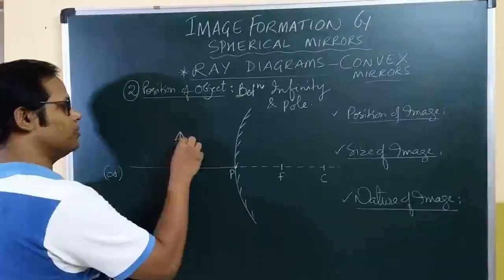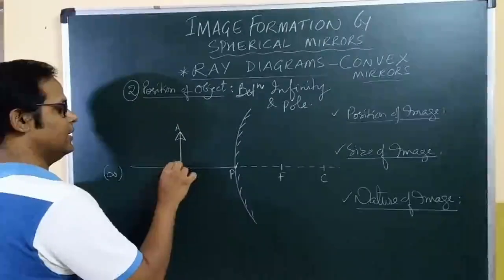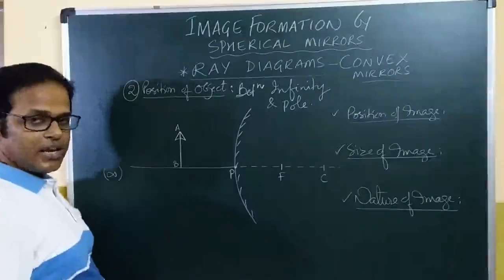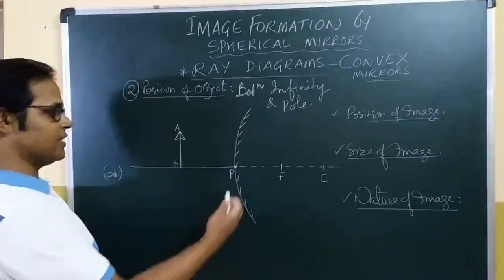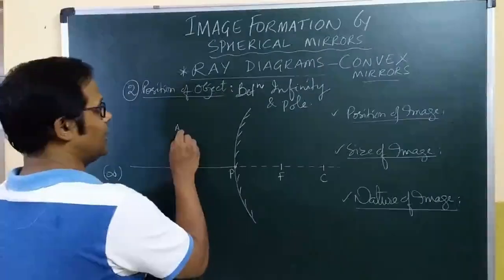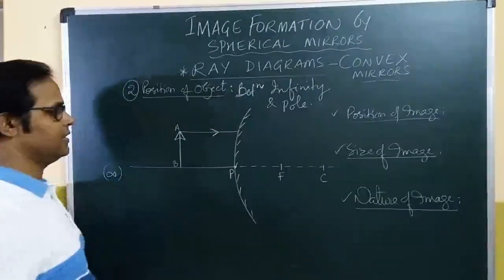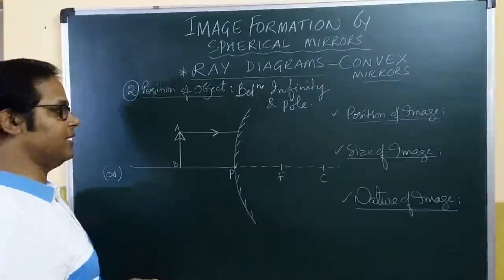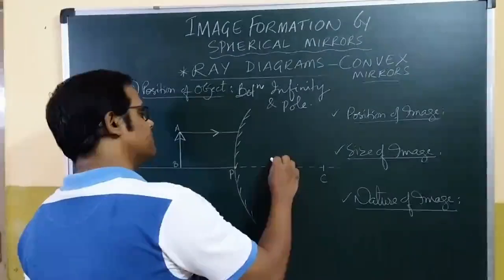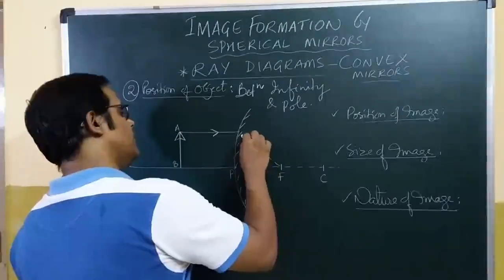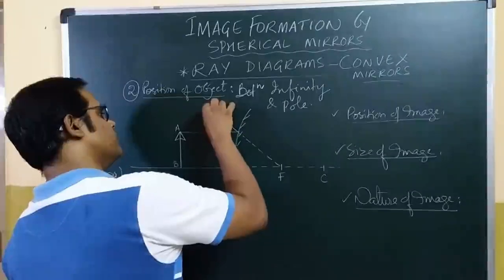Suppose the object is standing somewhere here, AB. Use any principal ray you wish and construct a ray diagram. You will find that, for example, a ray of light incident parallel to the principal axis will always reflect back in such a way that it seems to diverge away from the focus.